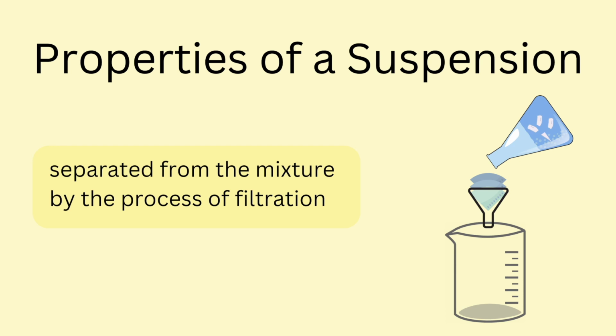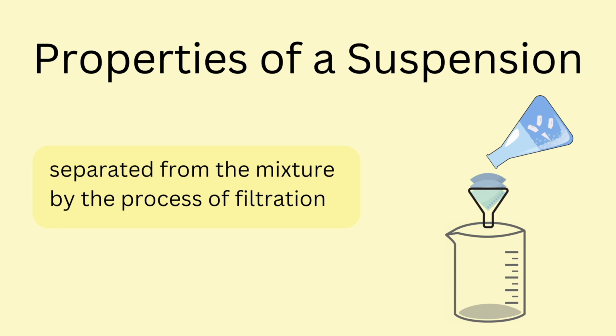We pour the mixture into it and collect it in a beaker. You will see that all the particles suspended in the mixture are collected in your filter paper, and none of it gets through the filter paper to the beaker below.